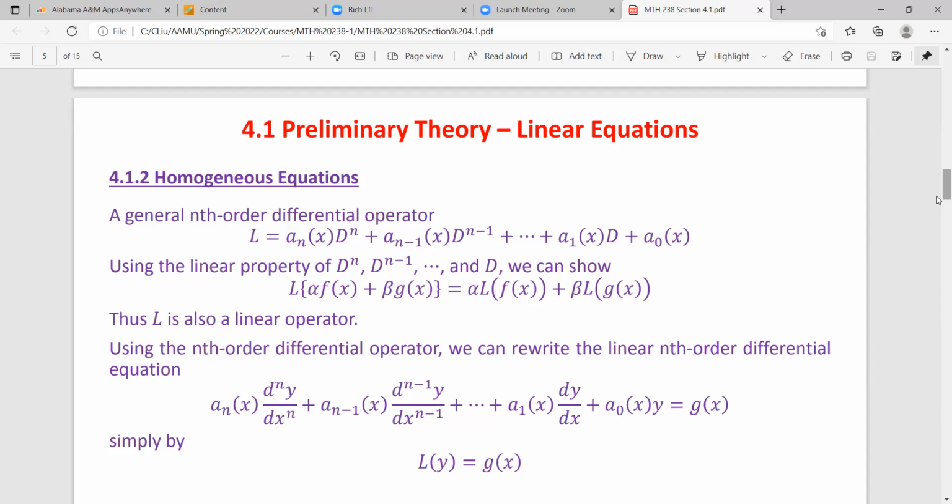And then we just multiply that with capital D to the n. Remember D to the n is just the nth derivative operator. And then you just add a_(n-1) of x times D to the n minus 1. So D to the n minus 1 is the (n minus 1)th differential operator, and add until a1 of x times D plus a0 of x. So this again gives us a differential operator.